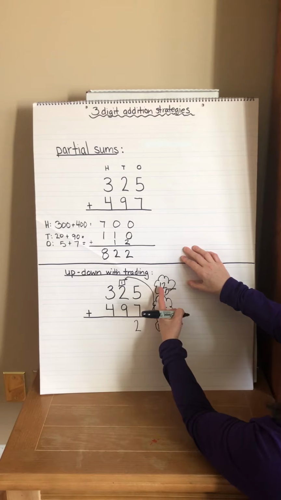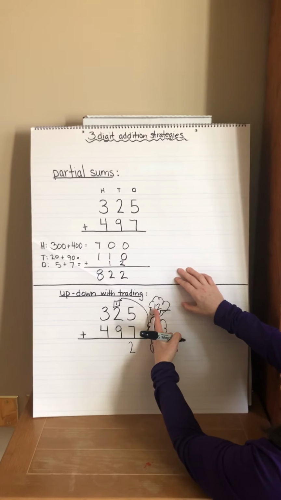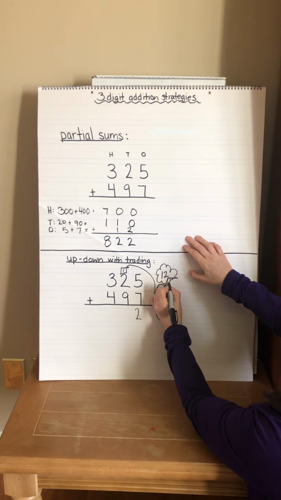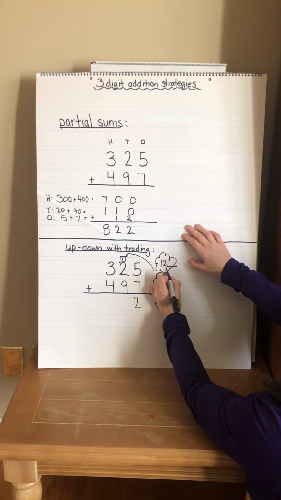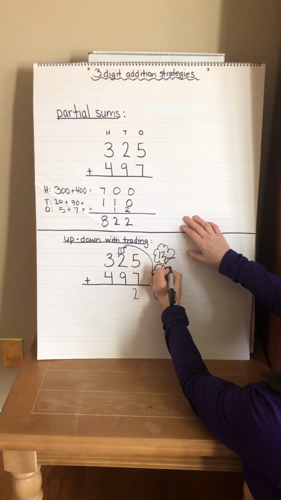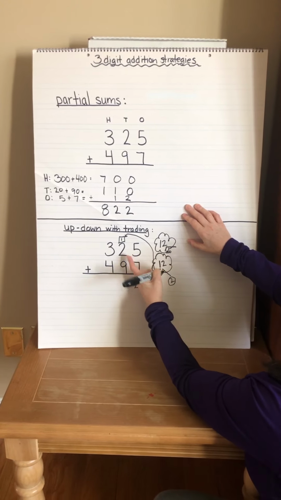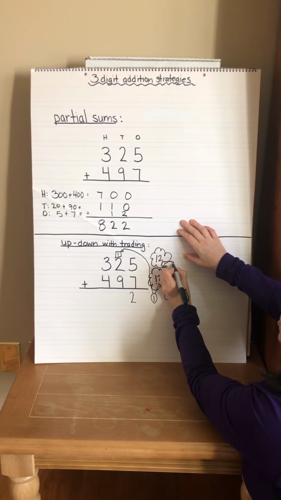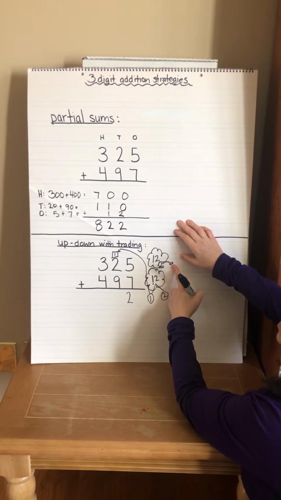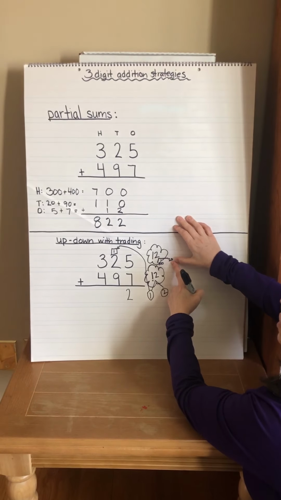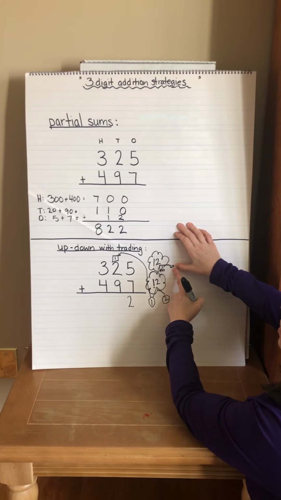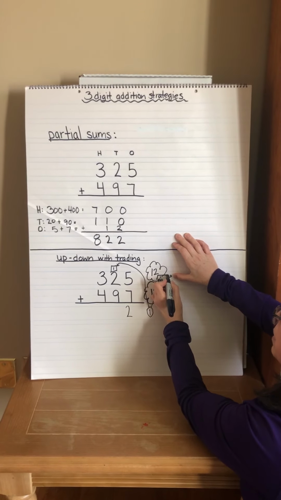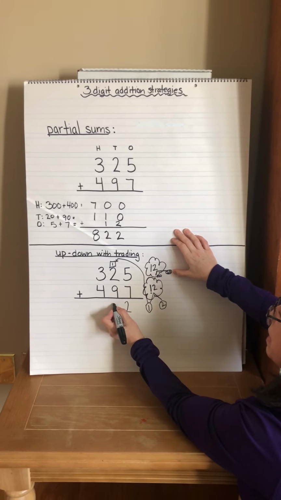So I have to break it up, and I'm going to just make some little arrows, into its tens and its ones. Well, here I have 10 tens. That makes a 100. And this 2 tens makes a 20. So I'm going to take my 2 tens and put it in my tens place.